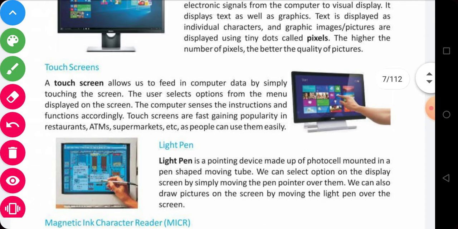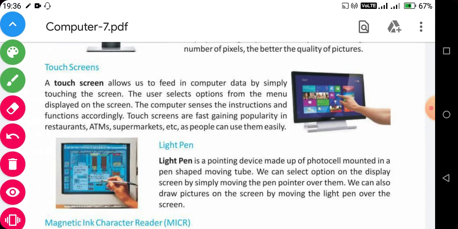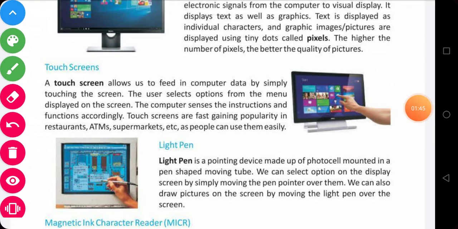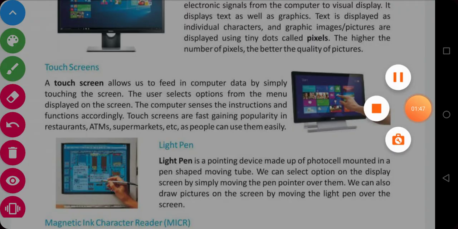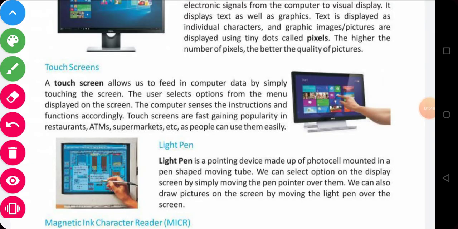The second type of output device is the touchscreen. Touchscreen allows you to feed data into the computer by simply touching the screen. The user selects an option from a menu displayed on the screen. The computer sends the instruction and functions accordingly. Touchscreens are fast gaining popularity in restaurants, ATMs, supermarkets, etc., as people can use them easily.